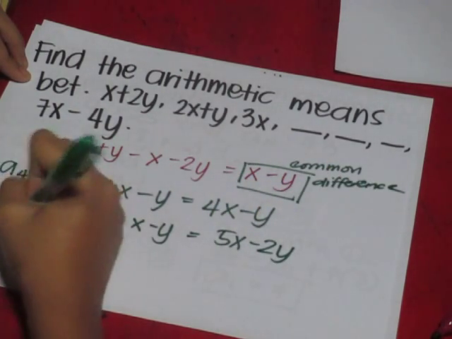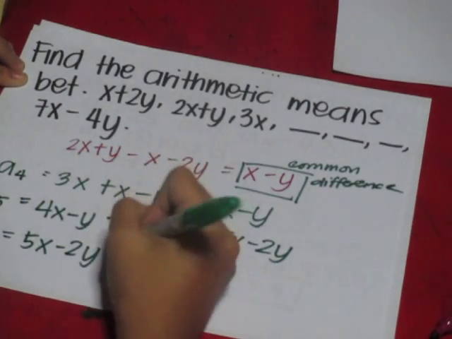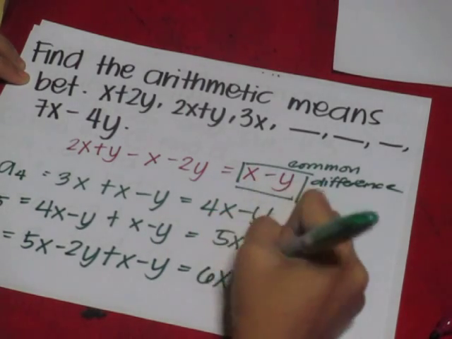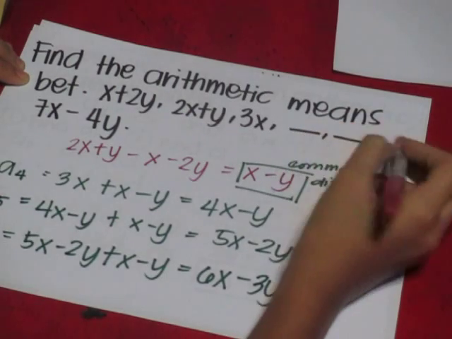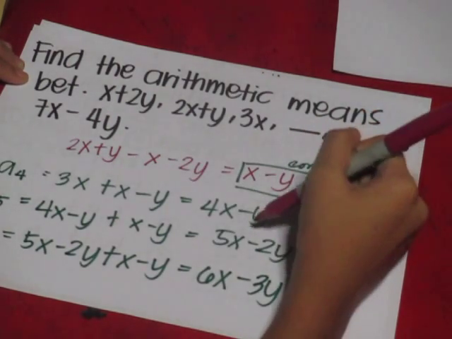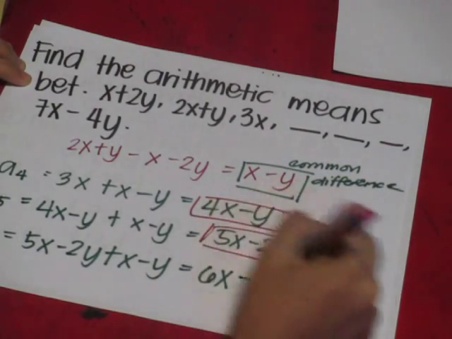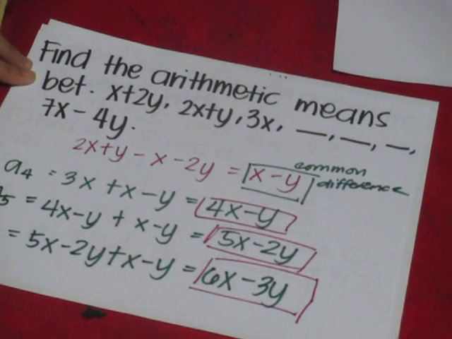A sub 6 is equal to 5x minus 2y plus x minus y, which is 6x minus 3y. So now we have the arithmetic means: 4x minus y, 5x minus 2y, and 6x minus 3y.